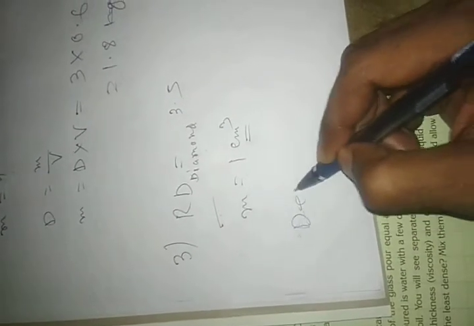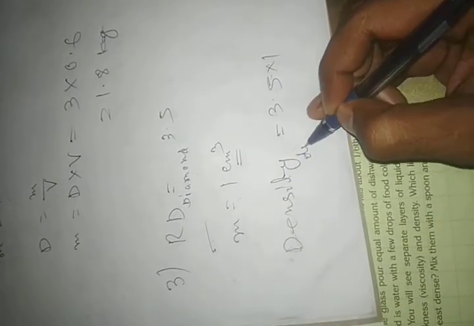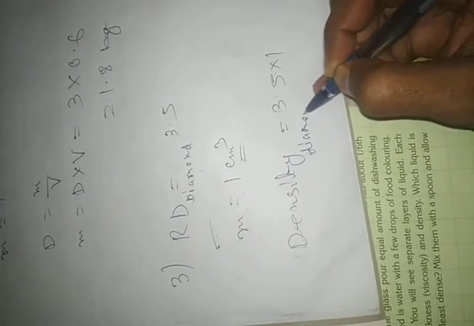You understand that in CGS process, if you want to change the relative density to the density in the CGS process, you just have to multiply with 1. 3.5 into 1. That is the density of the diamond, 3.5 gram per centimeter cube.